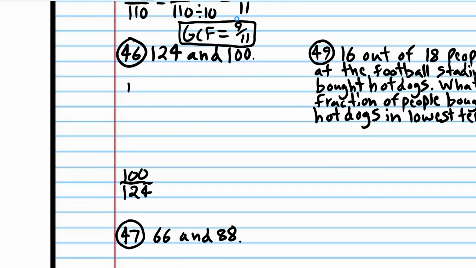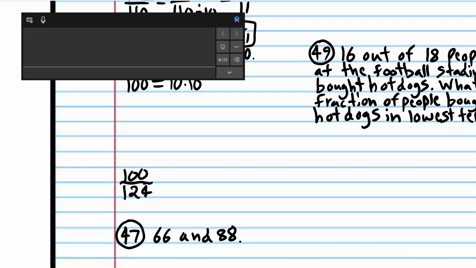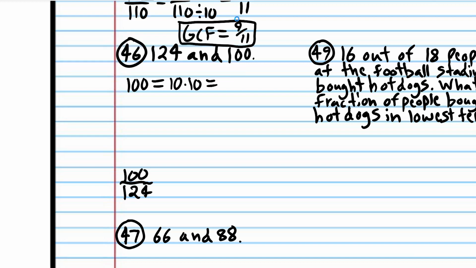All right, here we go. Let's start with 100, the smallest one. You may have done it in steps, 10 times 10, and then go on. But I'm not going to do it in steps because we don't want this class to go too long. So it ends up being 2 times 5 times 2 times 5. That's the prime factorization. 124.